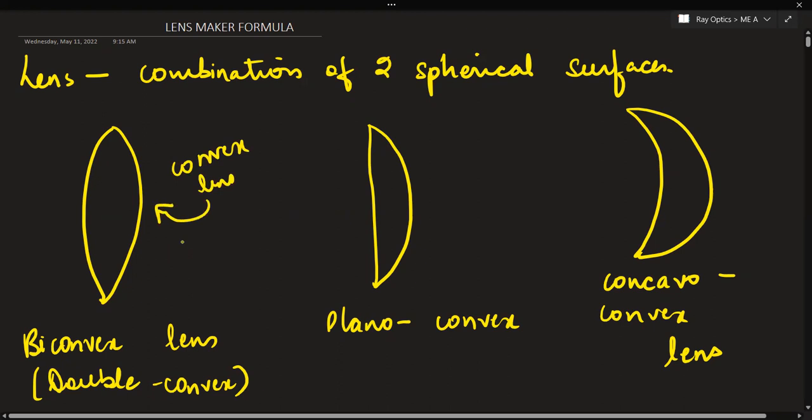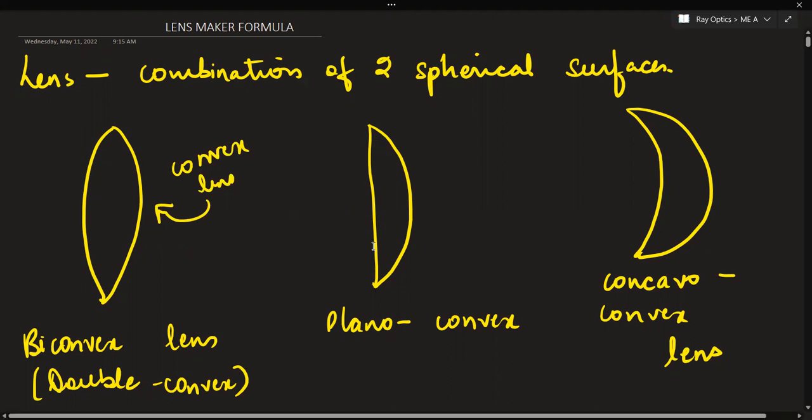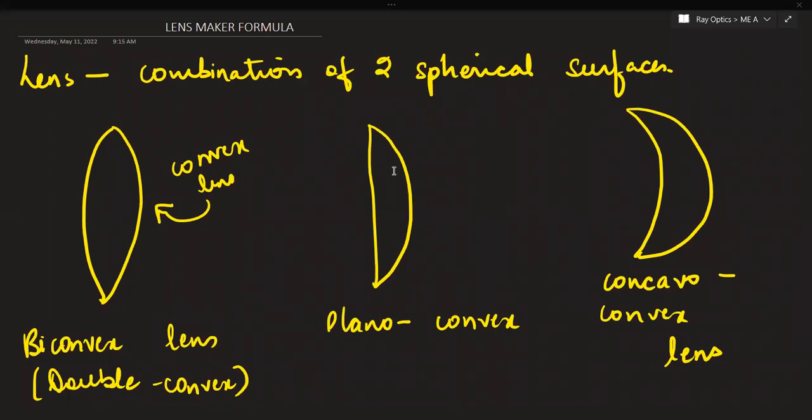So this is a very typical lens. Did you notice that when we were studying reflection of light, concave mirror was getting used a lot more than convex mirror? Here in case of lenses, convex lens gets used a lot. And if we take a plane reflecting surface and a convex reflecting surface, and combine them facing each other, that becomes plano convex lens.